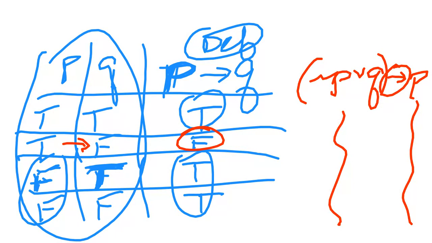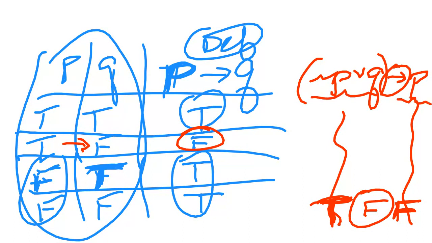So if my last line happens to be a true on the left side and a false on the right side, and I'm evaluating a conditional, I know that the answer is actually false, because if true, then false has to be false. So the key is to figure out what the left side is and what the right side is as we step through this.